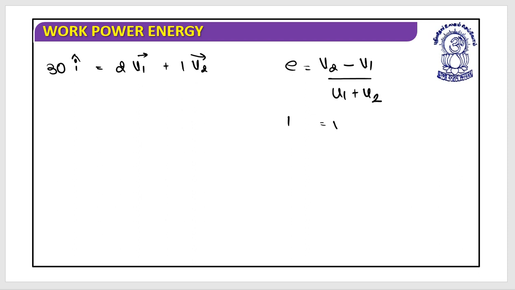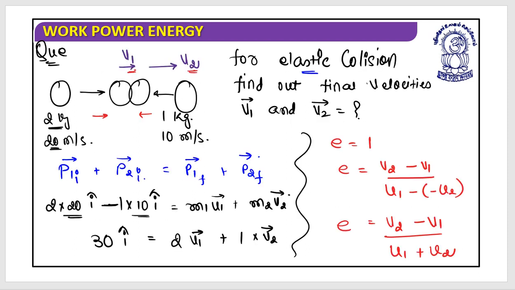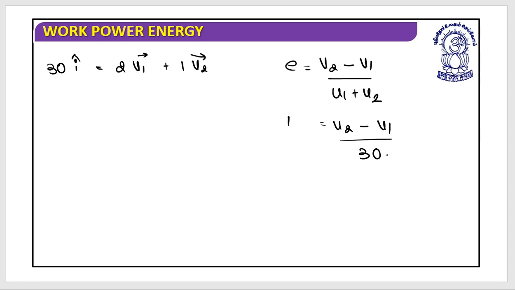Here e is 1, so v2 minus v1 over u1 plus u2, which is 20 plus 10, this is 30. So I have v2 minus v1 equals 30. This is relation number 2.